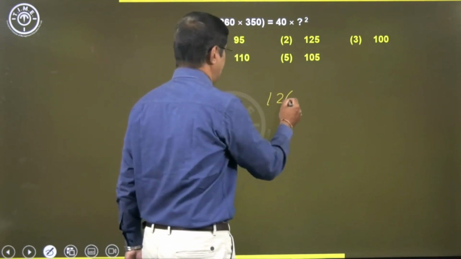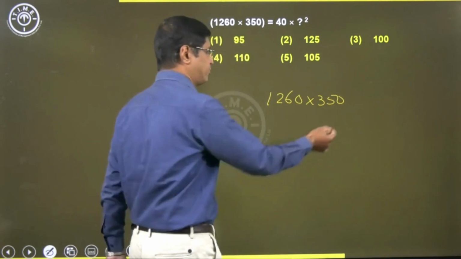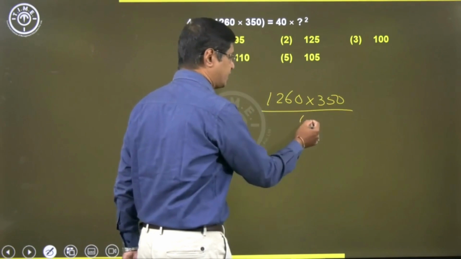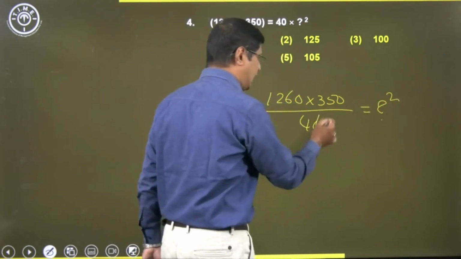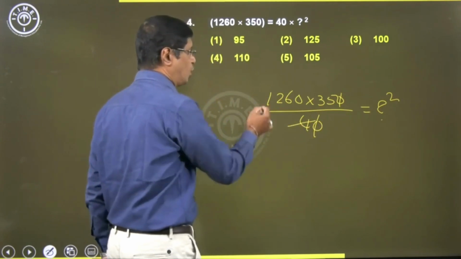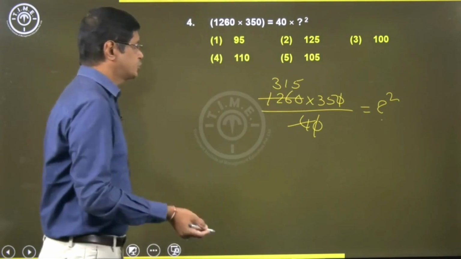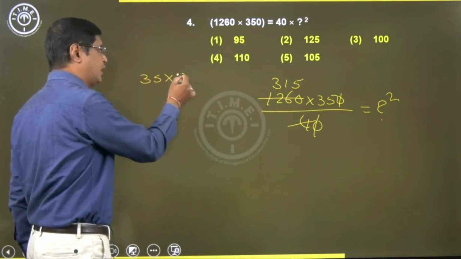1260 into 350 equal to question mark square into 40. So just take 40 to the other side. Now simplify this. 0 and 0 get cancelled. What about 4? 4 goes 315 times. Dear students, 315 means 35 into 9.